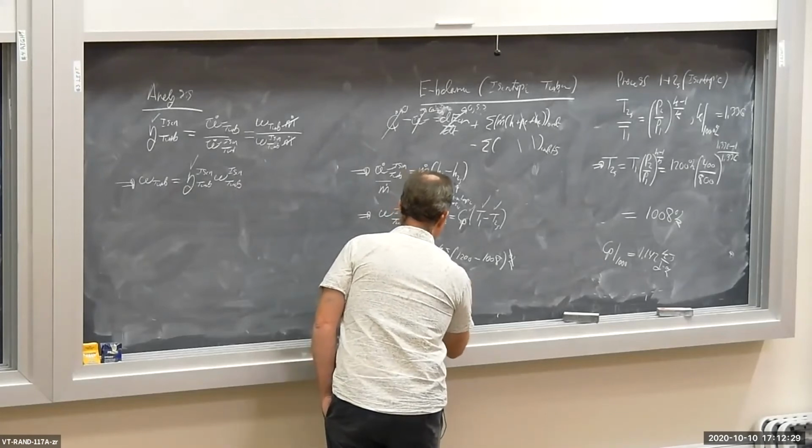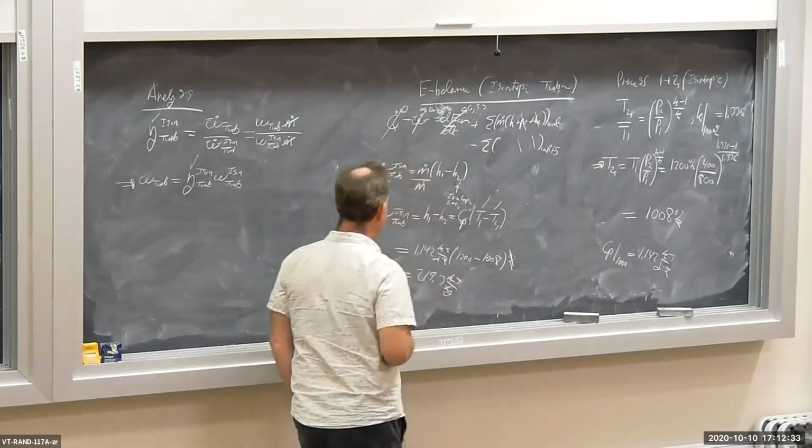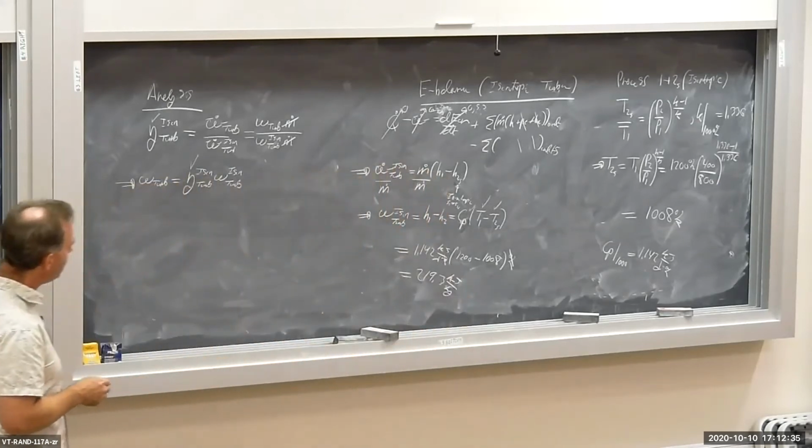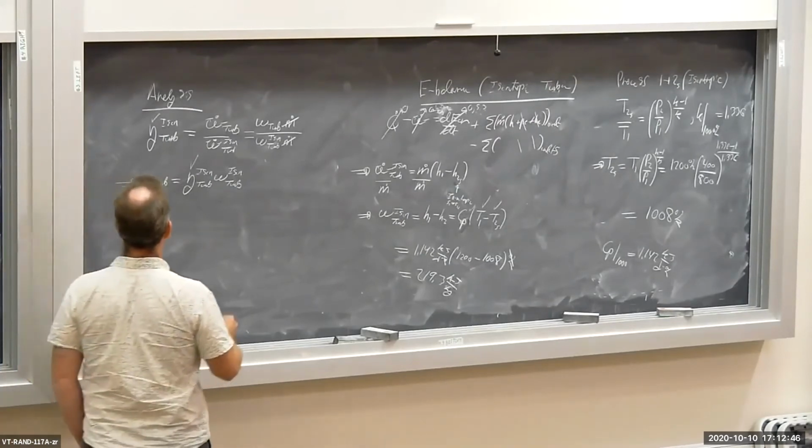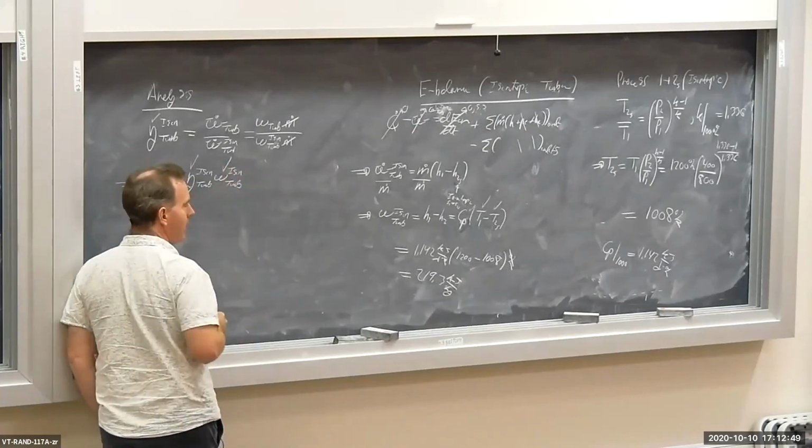So the isentropic turbine extracted 219 kilojoules per kilogram of flow. So now I have the specific work produced by the isentropic turbine.